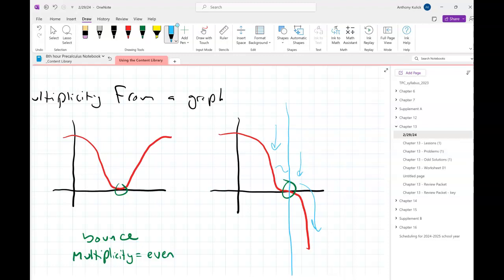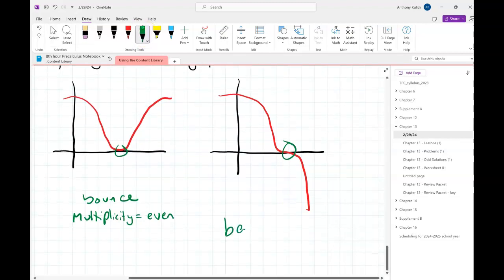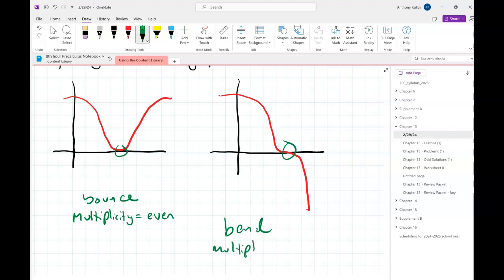If it sheds water, it's concave down. The graph changes concavity like that. We call that type of x-intercept a bend. And bends always have odd multiplicity greater than 1. So like 3, 5, 7. We don't know how many times, but it's at least 3.